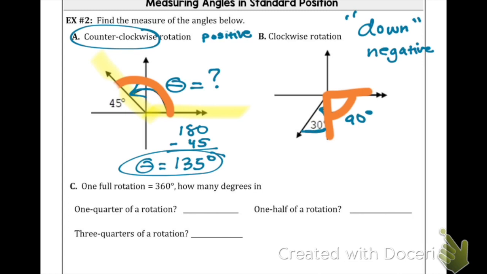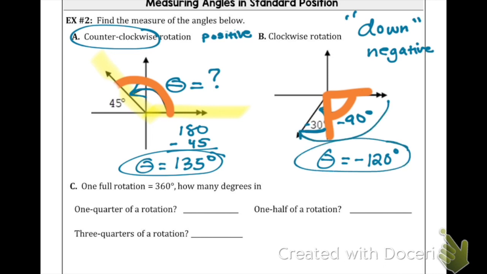Well, it'll be 120, right? But we're going in the negative direction, so it'll be a negative 120 degrees. So going down, negative 90 and a negative 30, because we're going in the clockwise direction. So our angle there is negative 120 degrees.